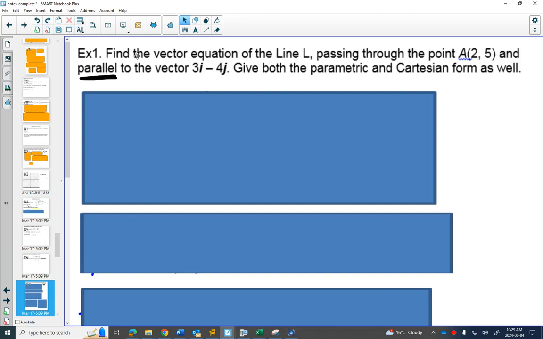So, the vector equation of a line. The vector equation of a line is quite simple. You want it passing through the point 2, 5 and parallel to this vector. So this vector's direction is 3, -4.